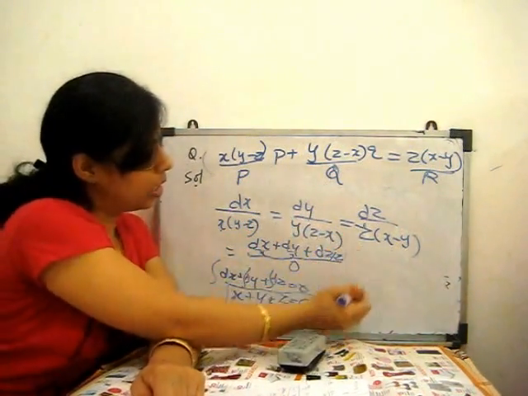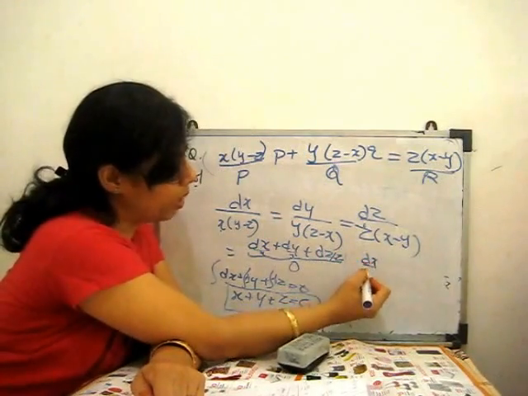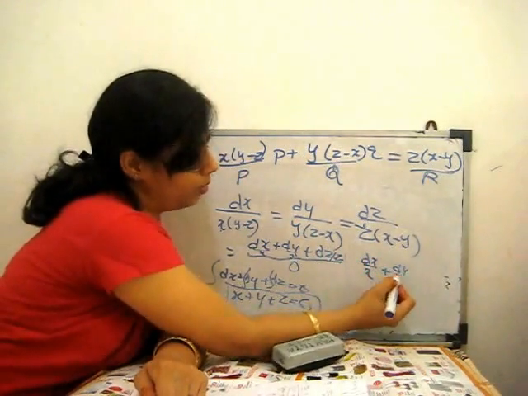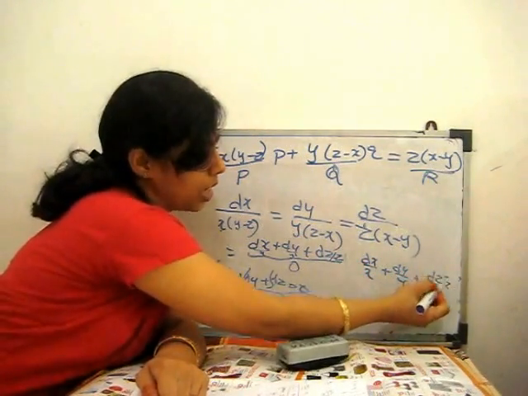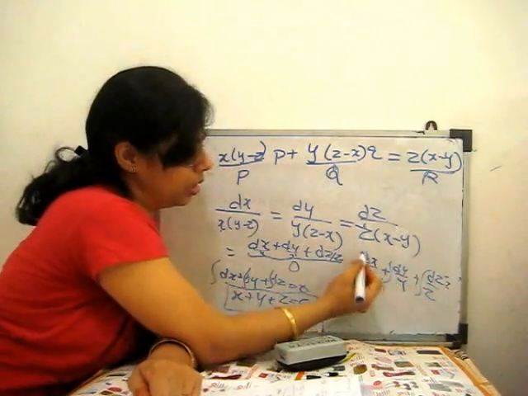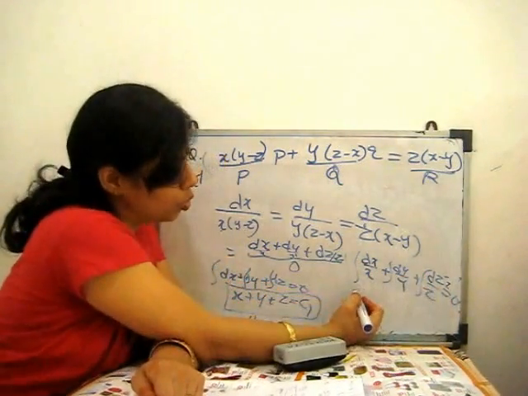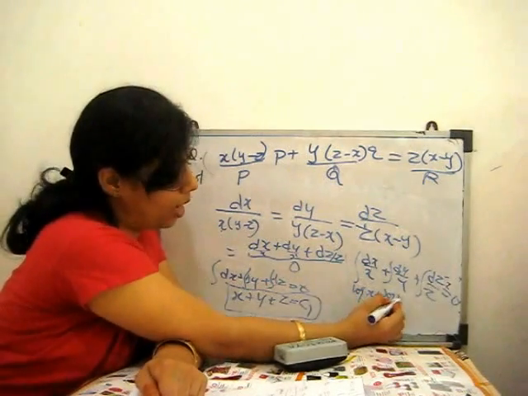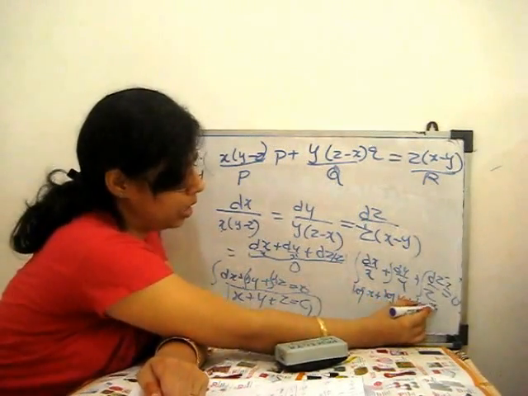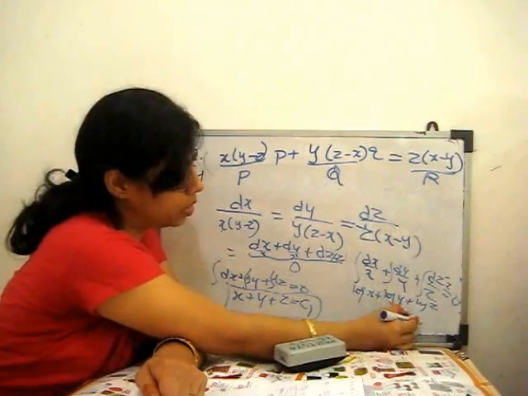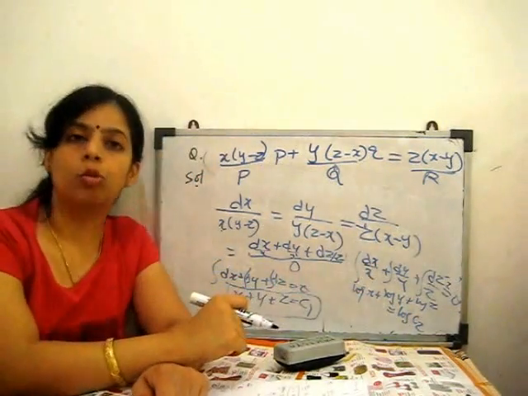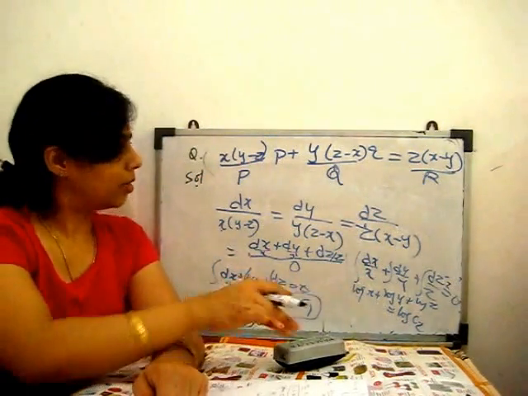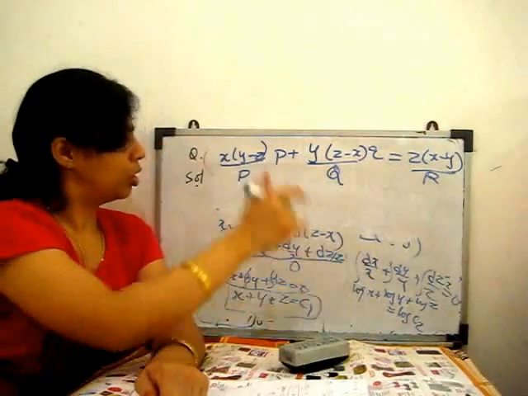So the next constant: dx/x + dy/y + dz/z integrated equals 0. So log x + log y + log z = log c2. So when we remove the log, xyz = c2. So what is our solution?